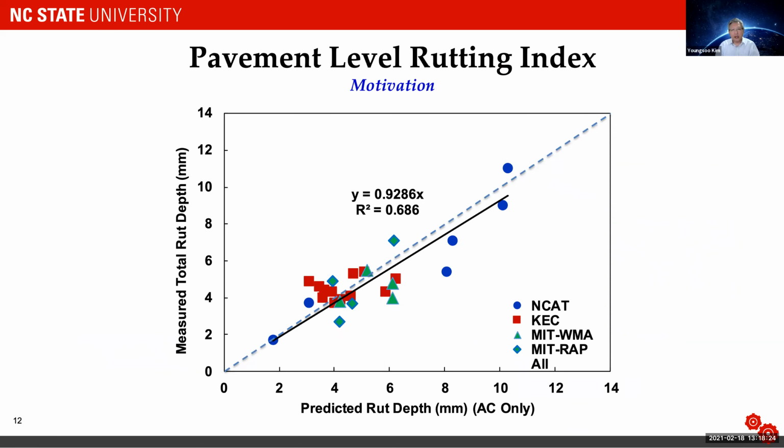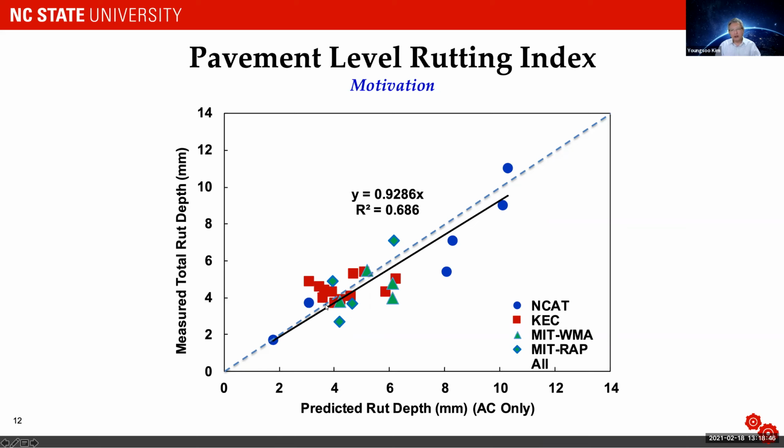On the rutting side, we were motivated by the calibration data that we have. If you look at the measured total rut depth versus predicted rut depth from FlexPave of multiple projects, we actually have a very good relationship.